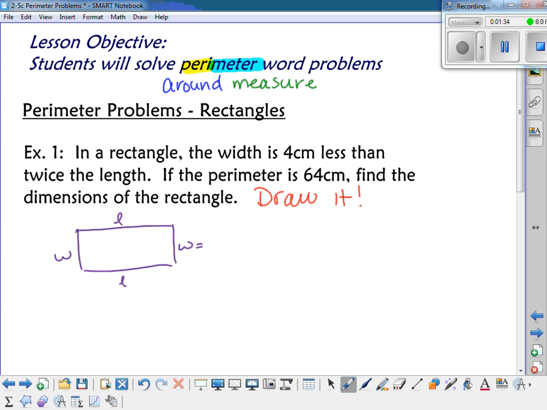Or is it being subtracted from something else? It's being subtracted from something else. So remember that we kind of do it backwards when it's subtraction. 4 centimeters less than twice the length. So how could I represent twice the length? 2L. Okay, so now instead of writing W, I can just have 2L minus 4 for the width.